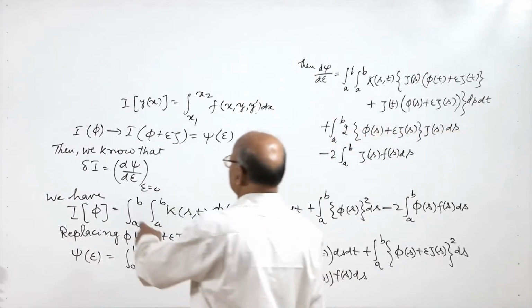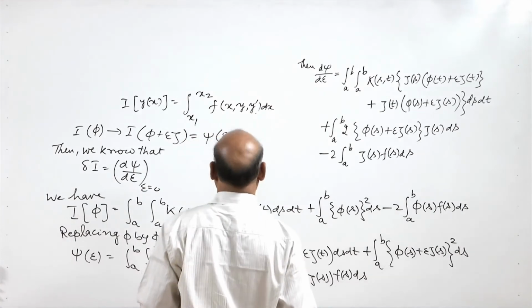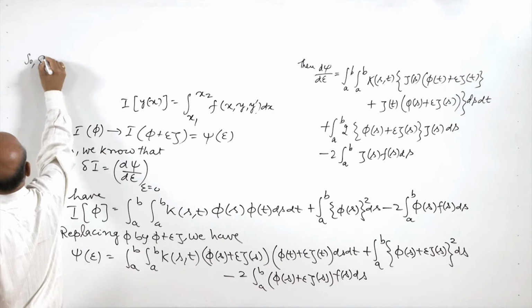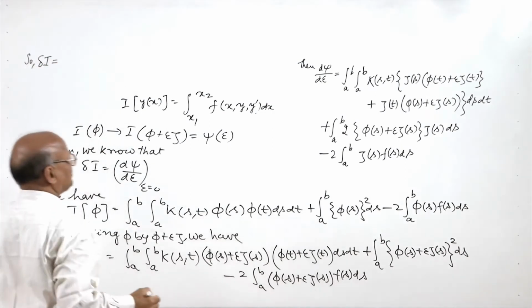Now delta I is equal to d psi over d epsilon when epsilon is 0. So let us put epsilon equal to 0.